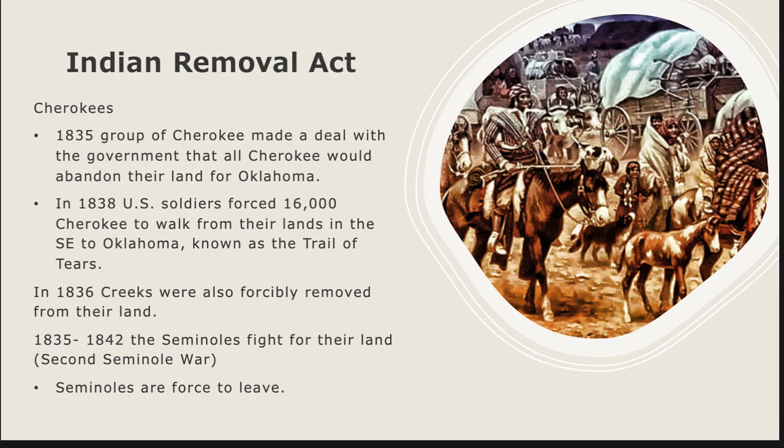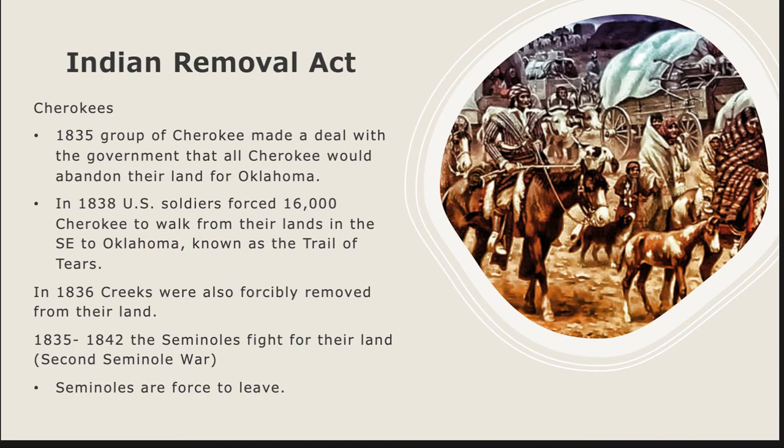In 1836, the same thing is going to happen to the Creeks. They are going to be forcibly removed from their lands. The last group that we look at between 1835 and 1842 are the Seminoles, and they are going to be forced from their land as well. But they do not leave as easily as the Creeks and the Cherokees had.